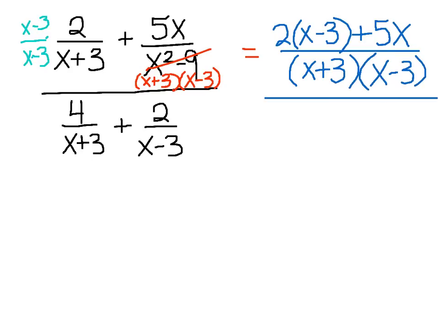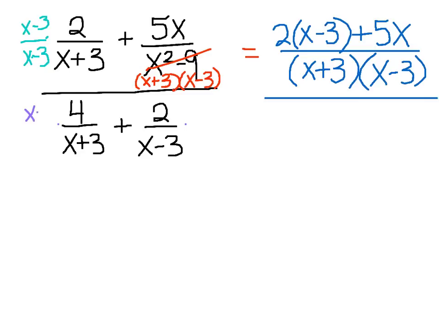That's going to be divided by, and now let's do the same thing with the denominator. Now here we have a least common denominator that's not as easy as the top one. So it's going to be x plus 3 times x minus 3, and we're going to have to multiply each fraction by the other factor.